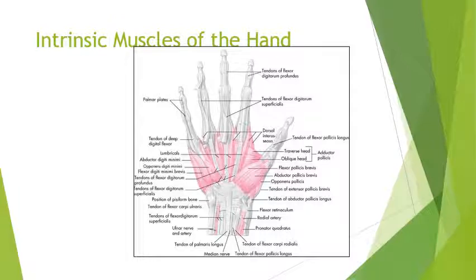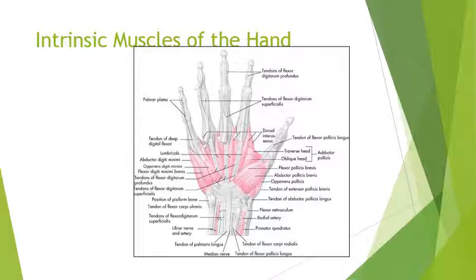Now, the intrinsic muscles of the hand. If you look, there are quite a few intrinsic muscles of the hand. This is the one situation where I'm not worried about you knowing the exact origin and insertions, but we still want you to know the general location along with the actions of the muscle.